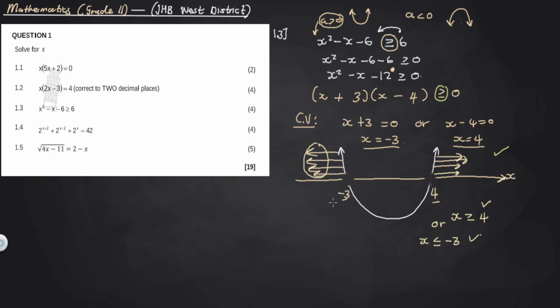Whenever you plot your critical values, you draw circles. The greater or equal to, the equal sign means that this solution is included. This solution is also included. A greater or equal sign means that the solutions are included. Now, if it was greater without the equal sign, you leave the circles unshaded.